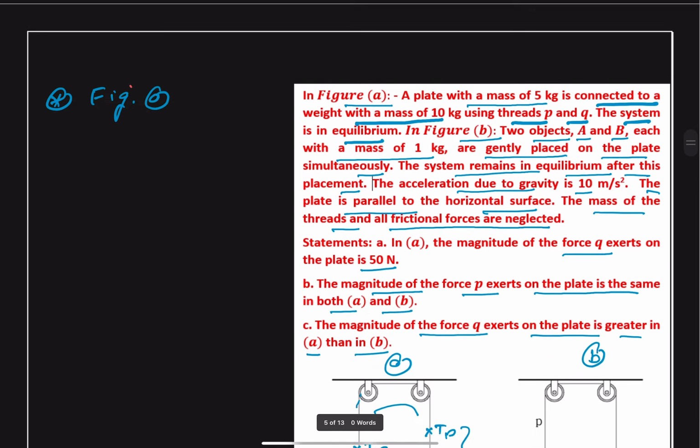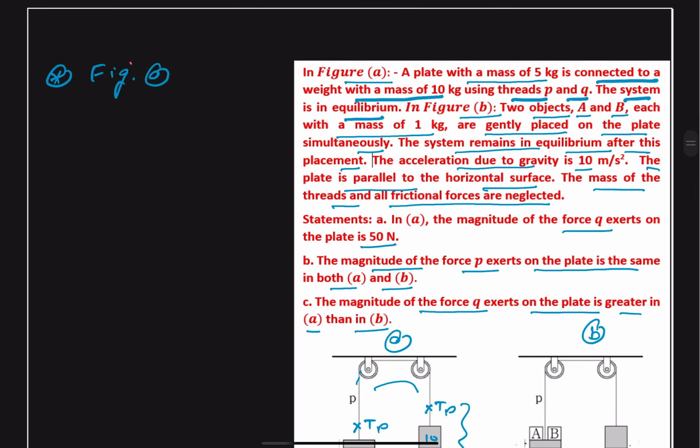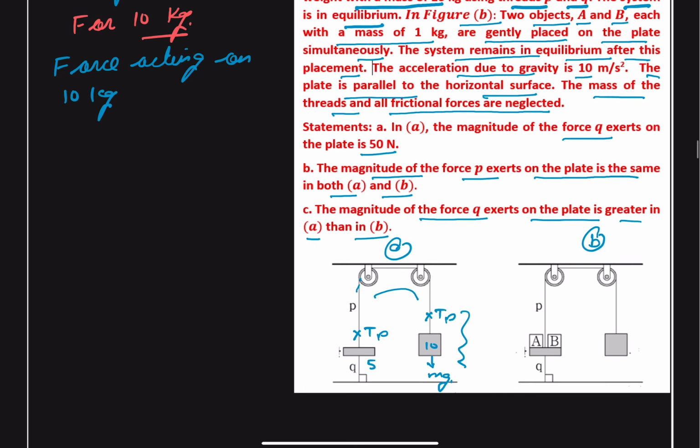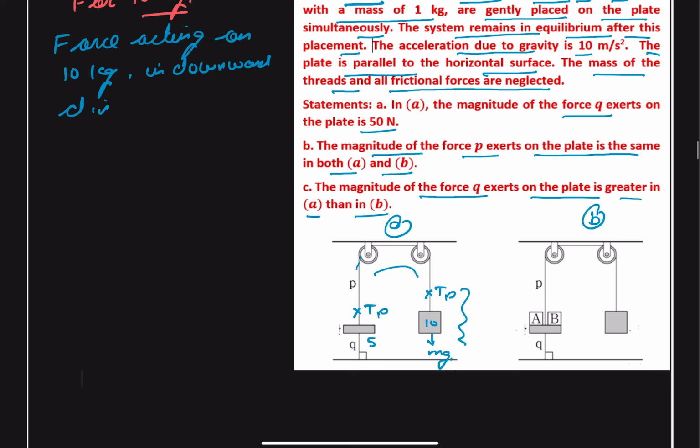So in figure A, for 10 kg, the force acting on the 10 kg in the downward direction, let us suppose, is given as F10.